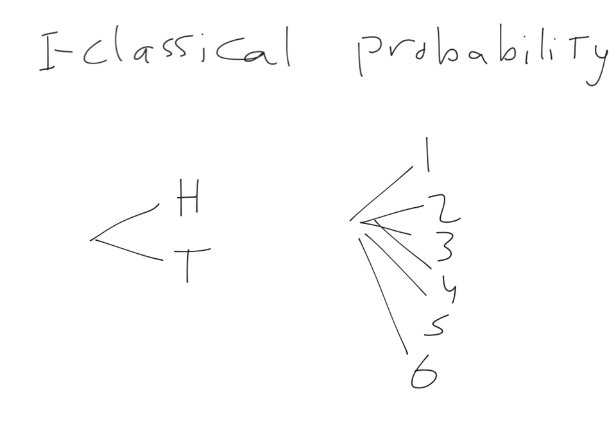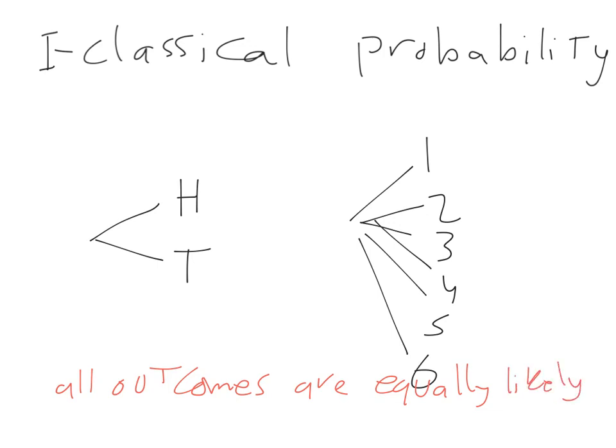The main idea here is that all outcomes are equally likely. What does it mean, equally likely? It means they all have the same chance of being selected or appearing as an outcome. All of them have the same probability.